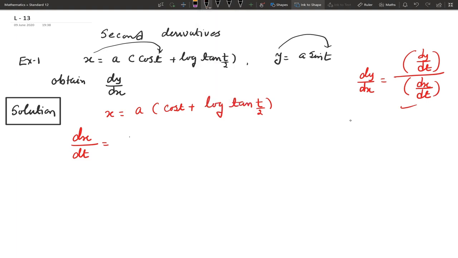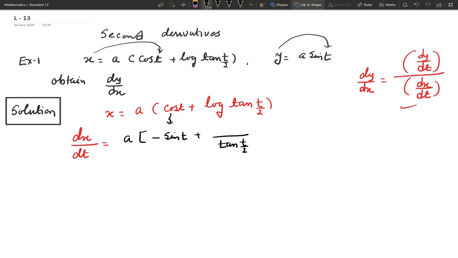So a is a constant coefficient, derivative of cos t is minus sin t, derivative of log is 1 upon tan t by 2, using d by dx of log x equal to 1 upon x.